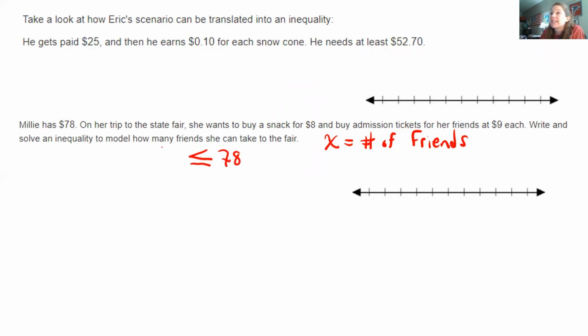So let's see what this side is going to say. She is going to buy a snack for herself for $8, plus she has to buy tickets at $9 each. We've got to see how many tickets she can buy.